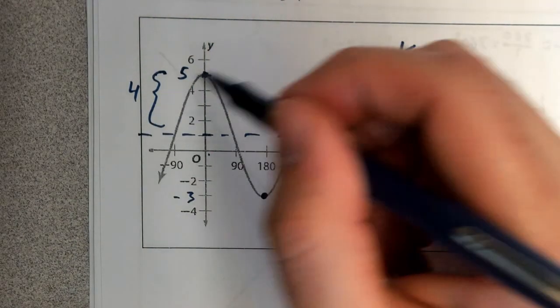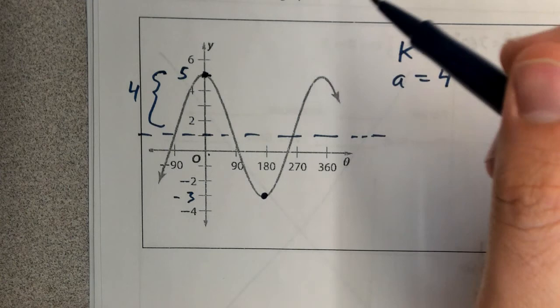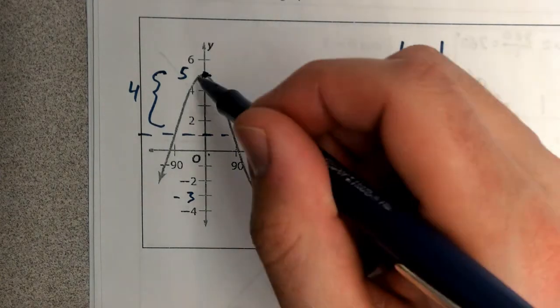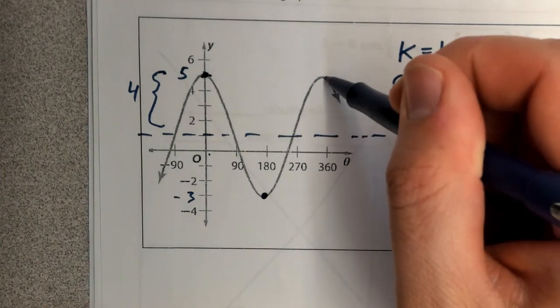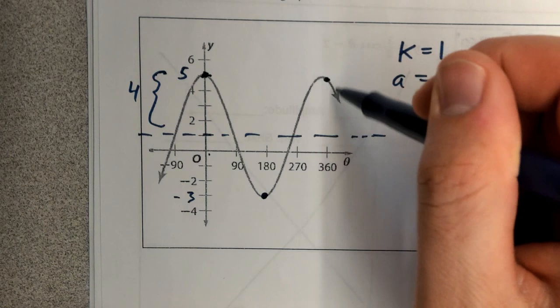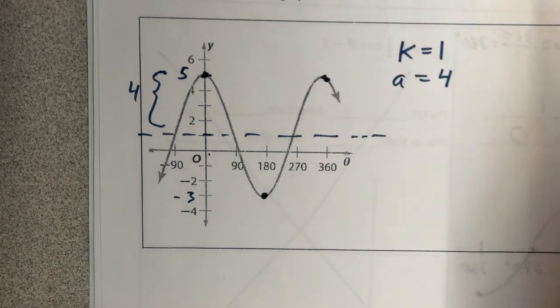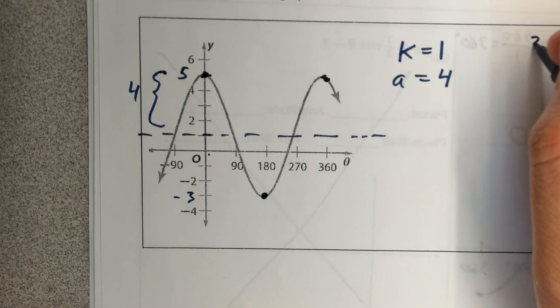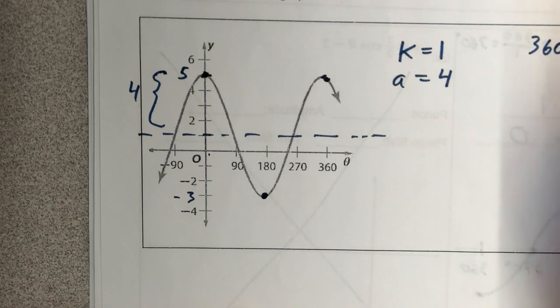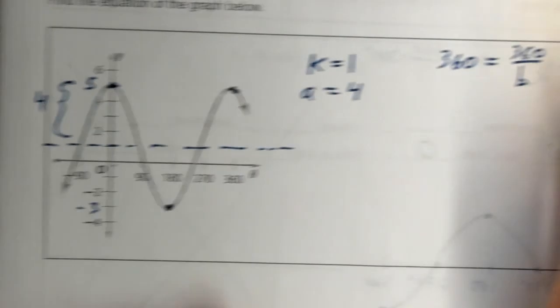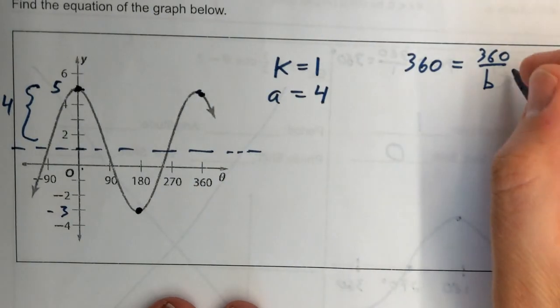The period for this is going to be, let's see, from maximum to maximum here, which I believe is going to be 360. Looks a little bit off there, but I think that's supposed to be 360. So if the period is 360, then 360 equals 360 over b, because remember we need the b value, not the period. So we'll just solve this equation real quick.